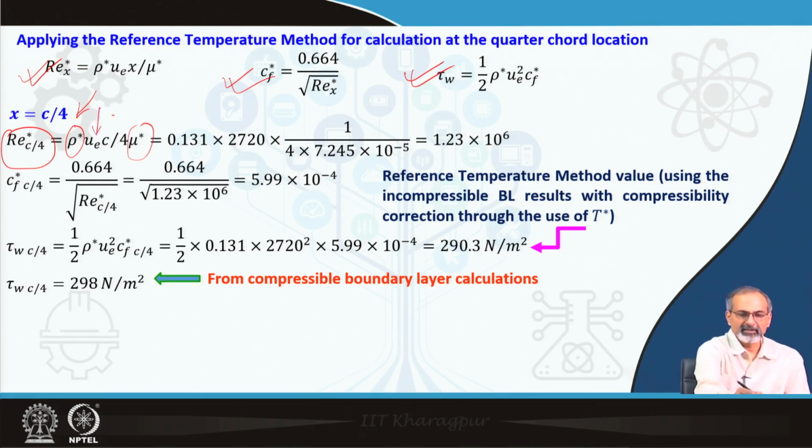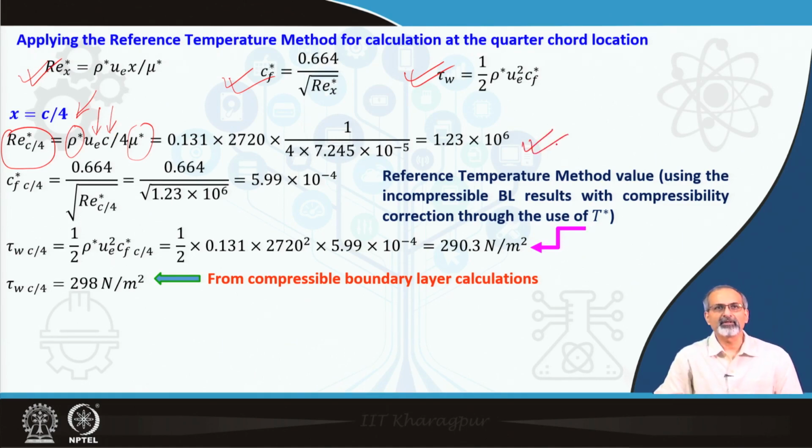Remember that the velocity or the length scale are not going to have any kind of dependence on that, because they are fundamentally independent of that. And based on those numbers that you plug in, you get a value of Reynolds number at the quarter chord.